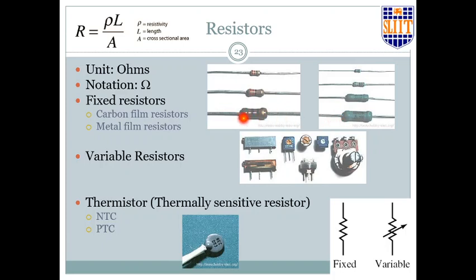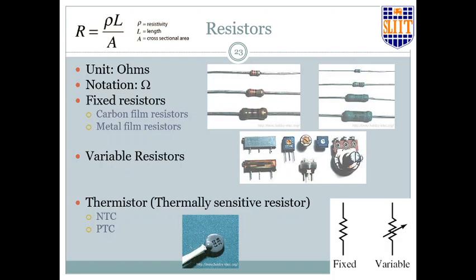Now how they are built: they take a small ceramic cylinder, and they coat the outside of that cylinder with a thin layer of carbon. Then if you measure the resistance across the two ends, the cross-sectional area will be that of the carbon skin, and the length would be the length of the cylinder.